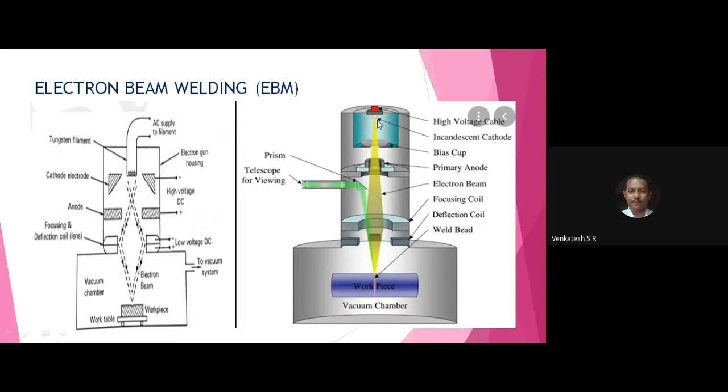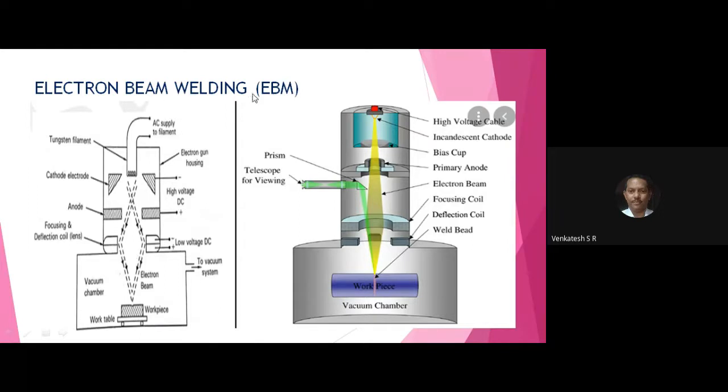These electrons are made to fall on the workpiece surface where you require the joint. All of you observe here, this is anode, this is cathode, this is the tungsten filament which receives the electric current, starts to produce electrons, and these electrons are made to fall on the workpiece joint, and the joint is heated to maximum temperature. That heat is enough to join the workpiece.